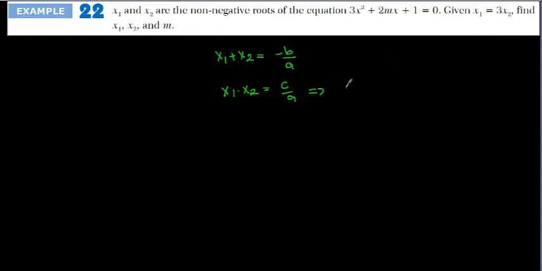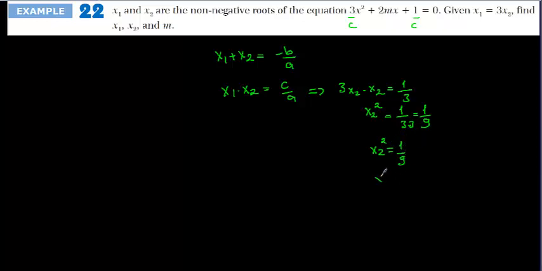If I take the second one, x1 is equal to 3x2, so 3 times x2 times x2 is going to be equal to c over a. c is equal to 1, and a is equal to 3, so it's equal to 1 over 3. For x2 squared, if you send the 3 to the other side, it becomes division, so 1 over 3 times 3, which is equal to 1 over 9, and x2 squared is equal to 1 over 9.